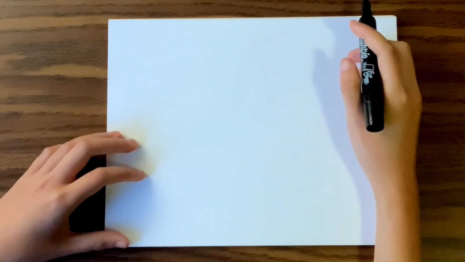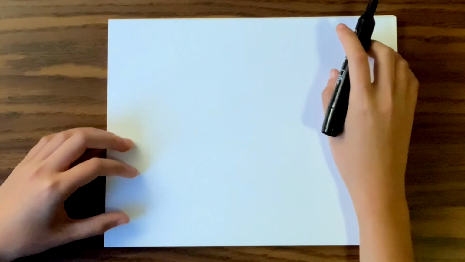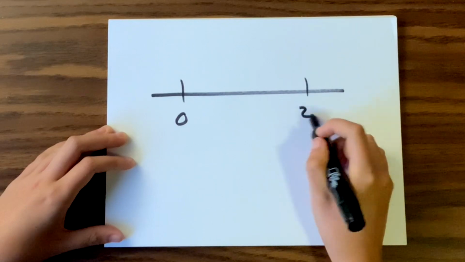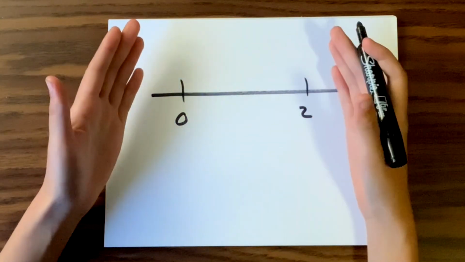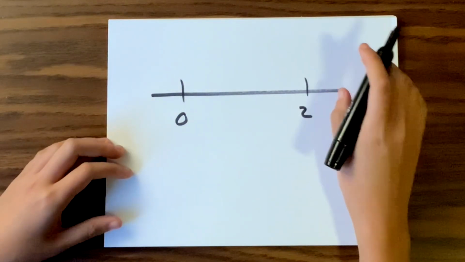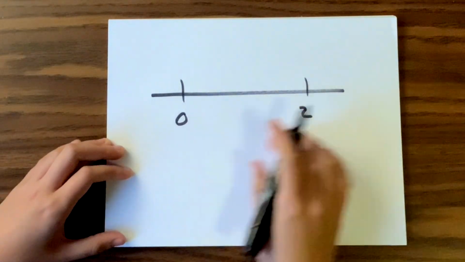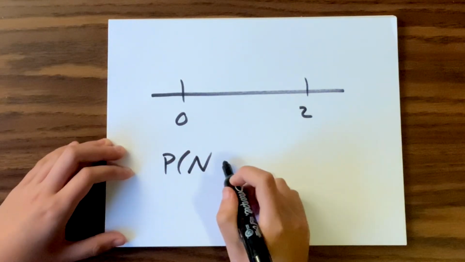Another cool thing to note is the probability of having no counts within a certain interval. So what's the probability that within some interval, let's say from 0 to 2 hours, we're going to have no counts of something? How do we represent that in terms of probability? This is the probability that within this interval we have n equal to 0.